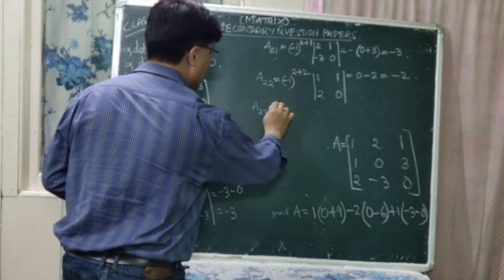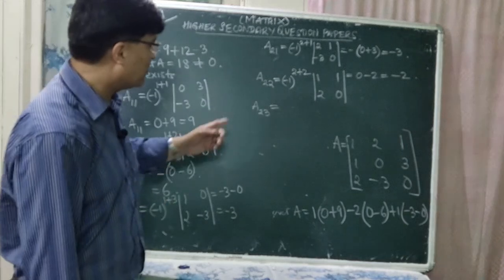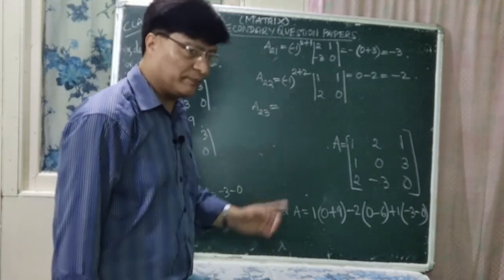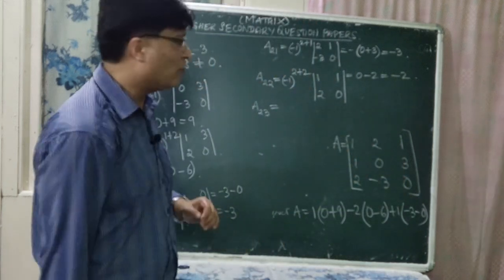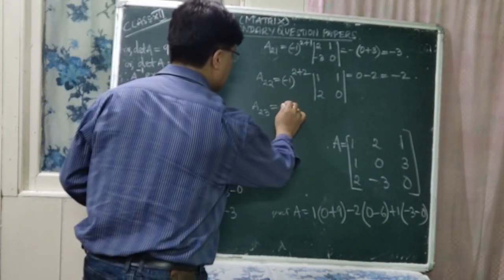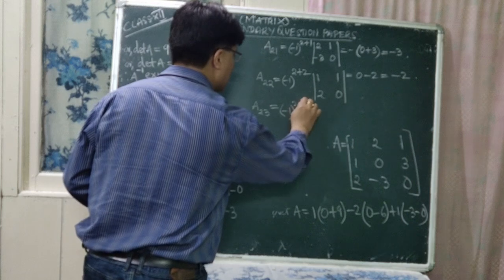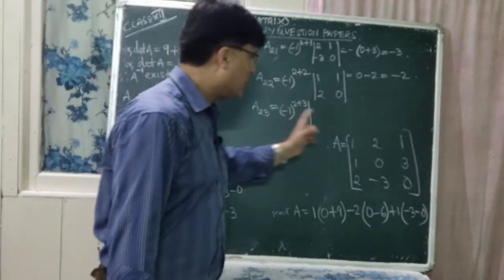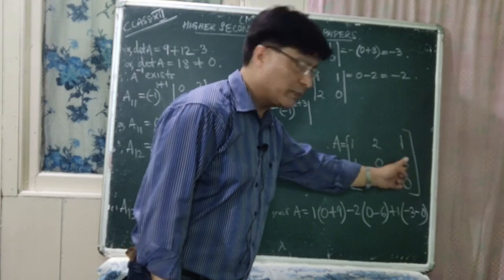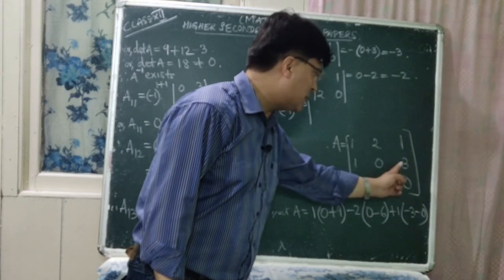Next one, let us write down A23. A23 means cofactor of the element belonging to the second row and third column. Second row and third column, that means 3. You have to get the cofactor of 3. Okay, let us consider the sign first. Minus 1 whole to the power 2 plus 3. Now delete the row and the column through the element 3. Second row and third column are deleted.